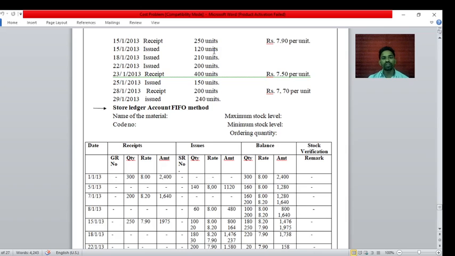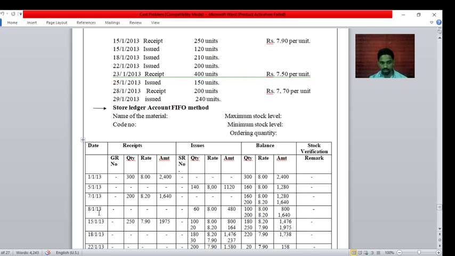So on 15th January 2013 they received as well as issued. First of all we will make the issue transactions. On 15th January 2013 they received 250 at the rate of 7.90, and the total amount is 1975. As well as 120 units issued.